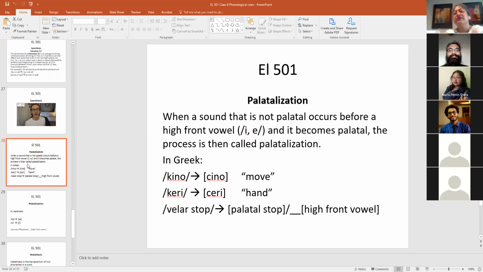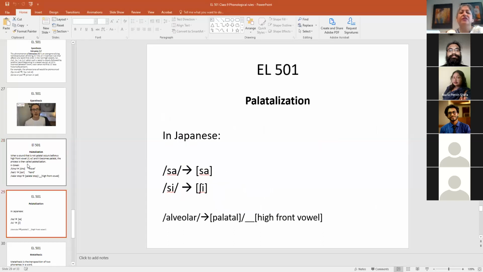So you can see a velar sound becomes a palatal sound because it occurred in front of a high front vowel. And even in Japanese, if you look at it, it still remains a fricative. It does not change its manner of articulation. It has also not changed its state of voice. It has not become voiced or voiceless, anything.